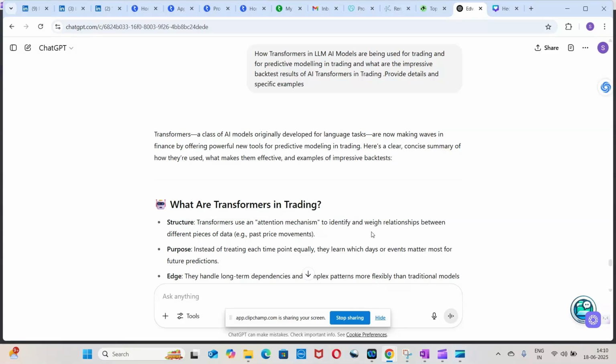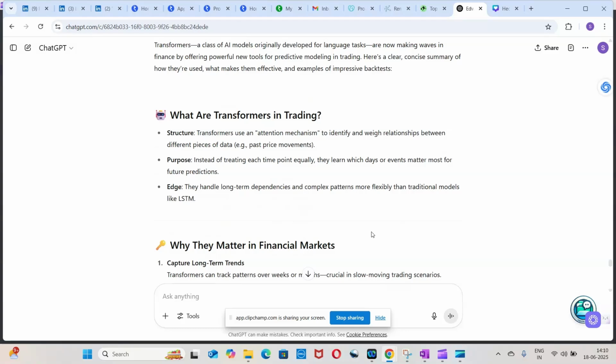Okay. So, what is the basic advantage when you use transformers in trading? The first thing is structure. Transformers use something called an attention mechanism to identify and weigh relationships between different pieces of data.